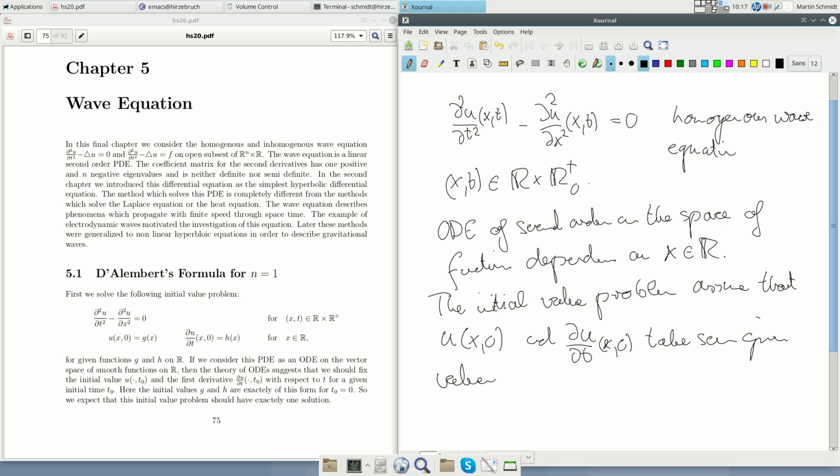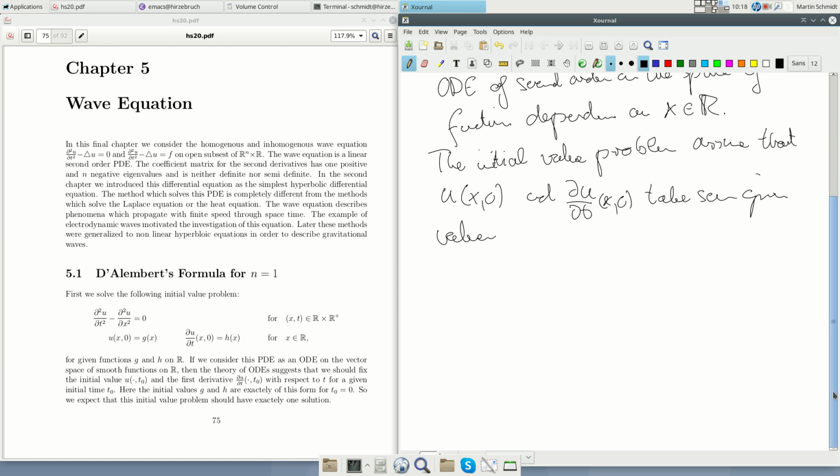Because if we consider this as such an ODE, then the initial value problem means we should fix in this space of functions depending on one real variable first the value of this function, and the first derivative. So these are the two things which we fix.